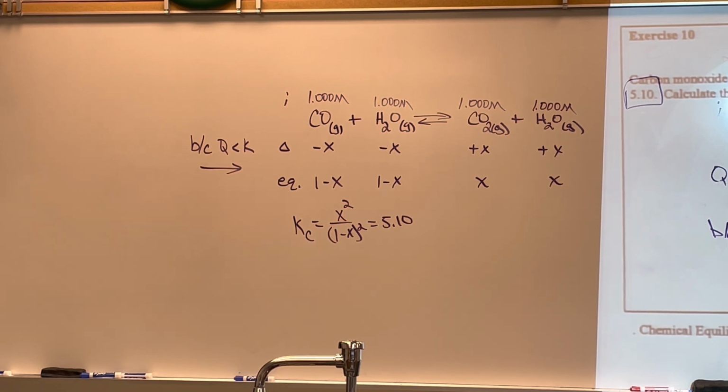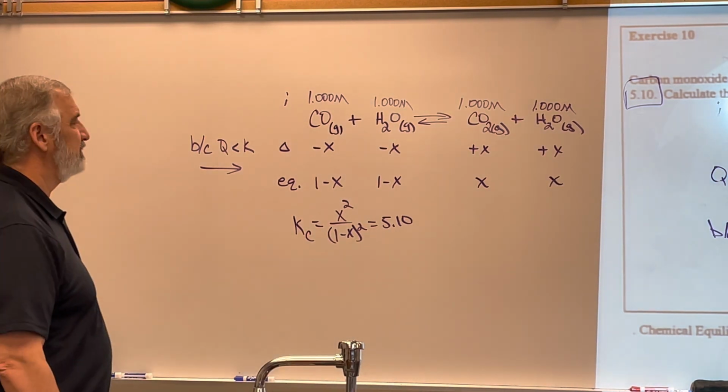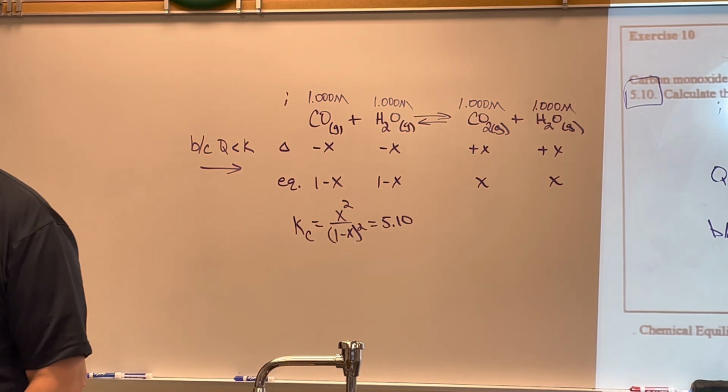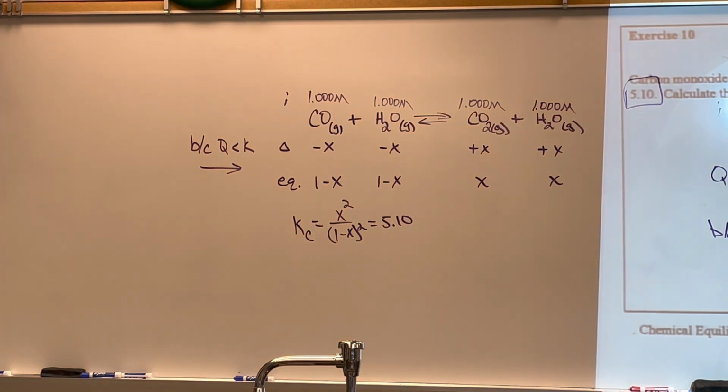Because they got 0.613. Oh, Steve, what did I do wrong? I just got the right answer. No. 1 plus X. What are the products going to be? The products aren't going to be X. What did I start with?